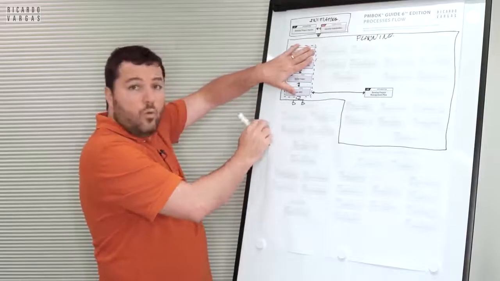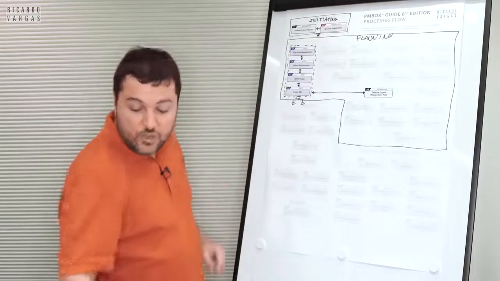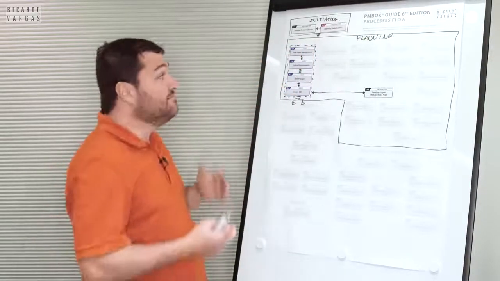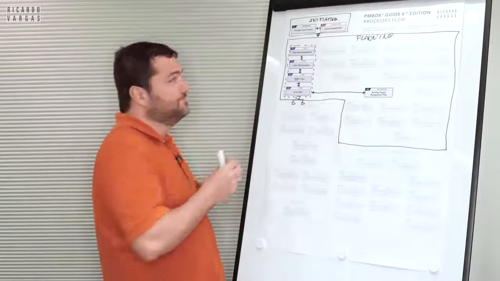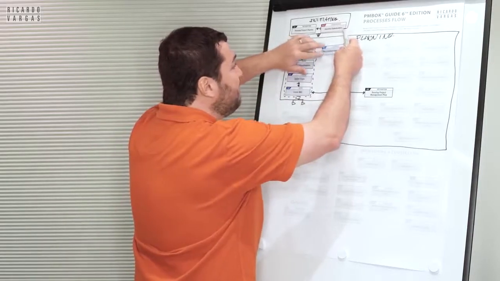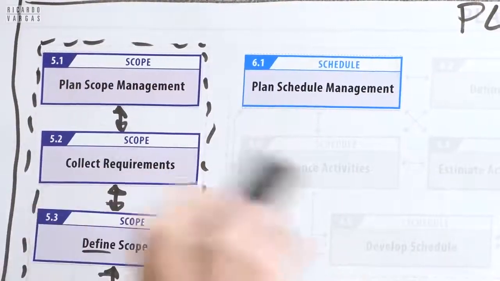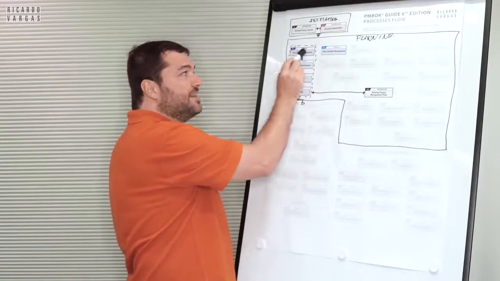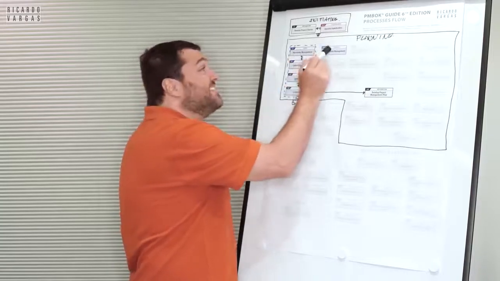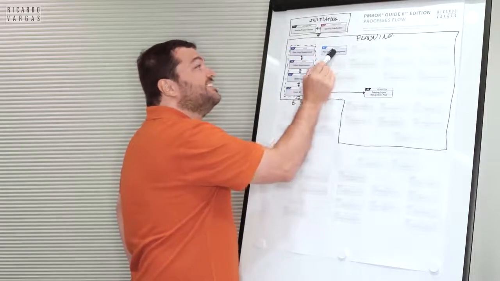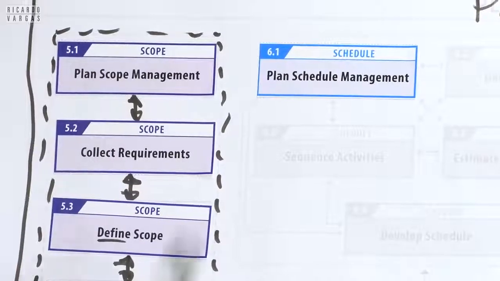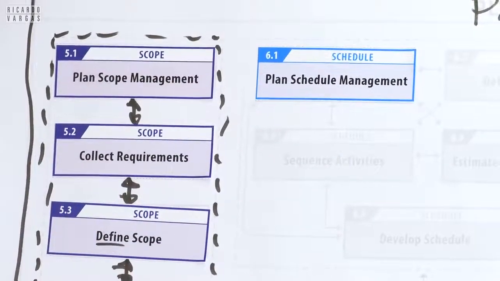After you know what you want to do, you need to understand how much time you plan. Then you do a plan schedule management, and this you will work on the schedule. Remember why I spent some time explaining the scope? Because here it is absolutely the same as plan scope management, but here I'm concerned about schedule.